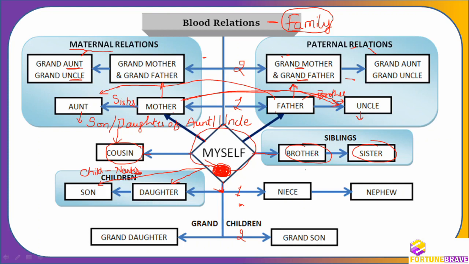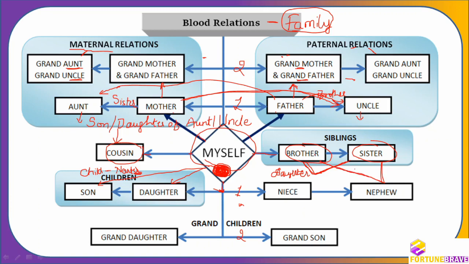And who is this niece and nephew? Niece is the daughter, it is a female. So niece is a female of your brother or sister. Your brother or sister's daughter is your niece. Is that clear? So niece will come one generation down. Same way nephew will also come one generation down.